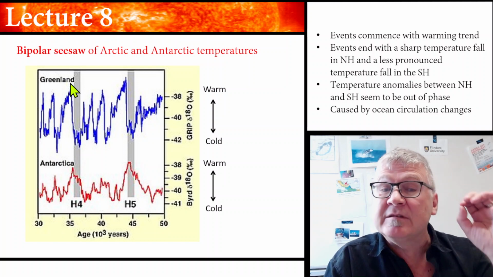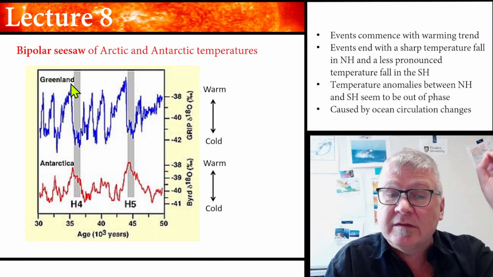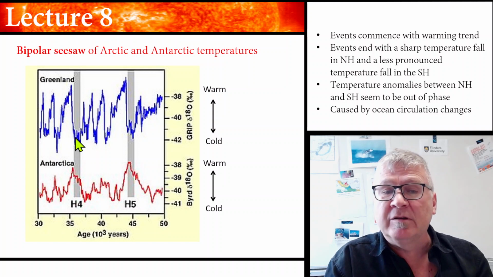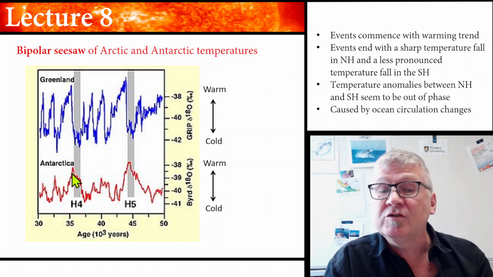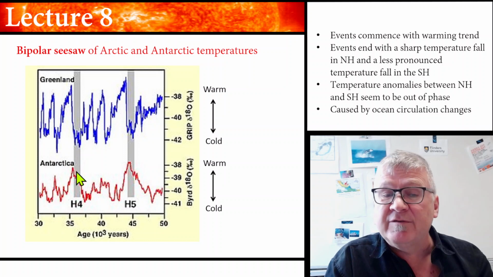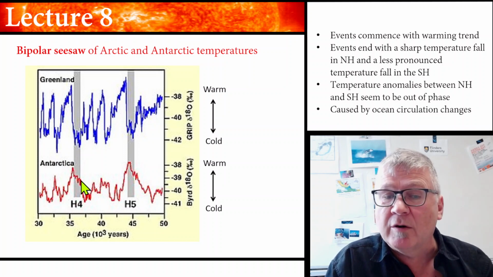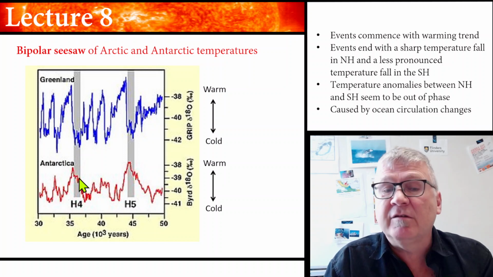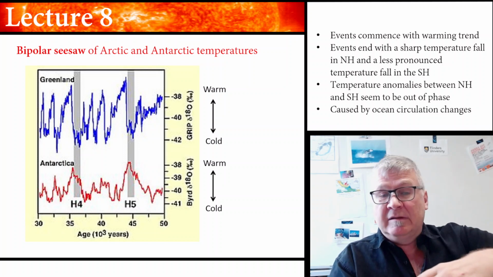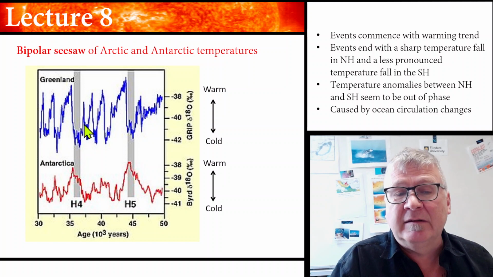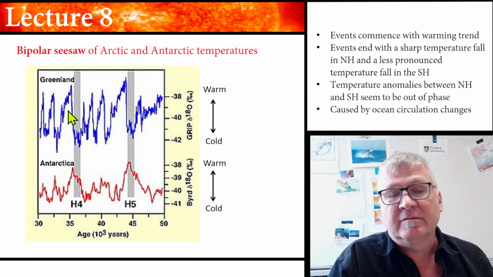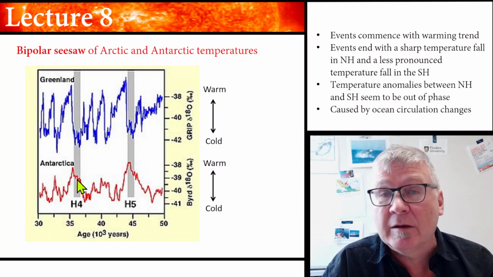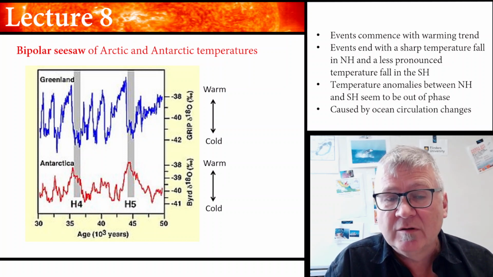Then something happens in the northern hemisphere and you get a sharp drop. You also get a drop in the southern hemisphere, but not so pronounced, so it stays relatively high. But it gives you the impression of a seesaw effect: Greenland cold, Antarctic warm, although similar processes are happening in both hemispheres.